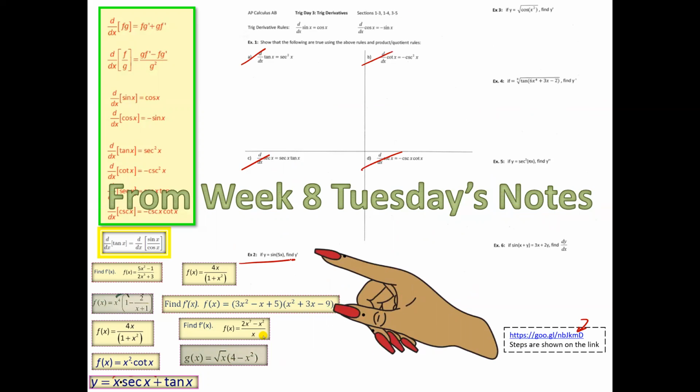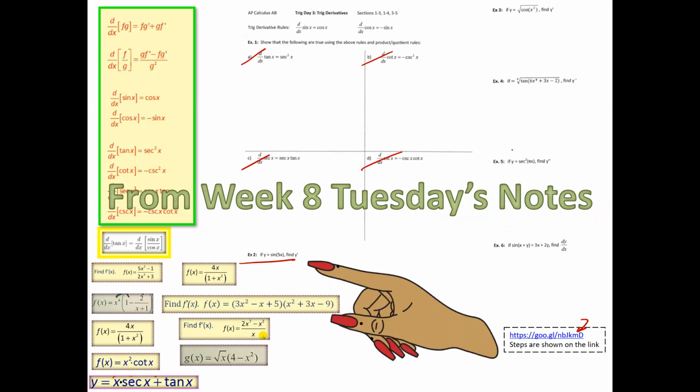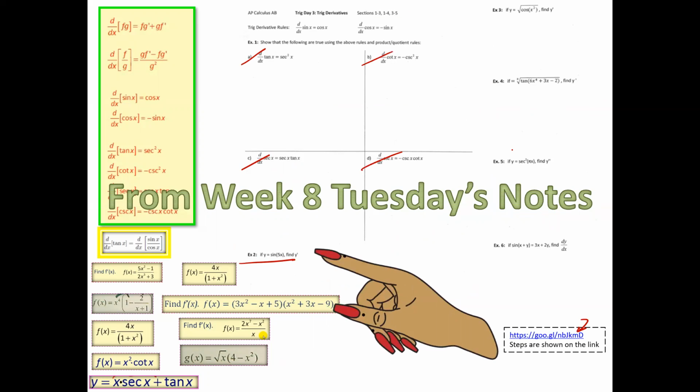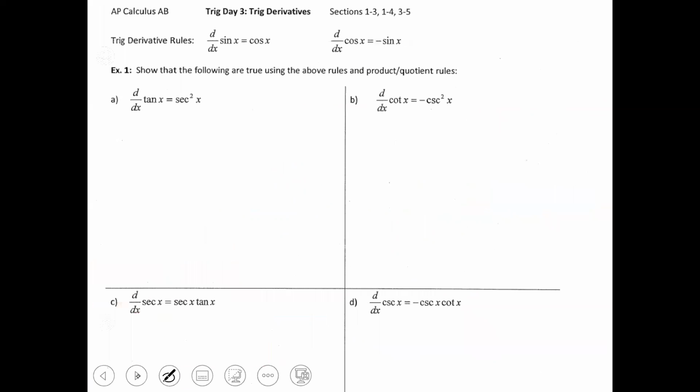I also asked you guys to give example 2, 3, 4, 5, and 6 a try because it does kind of go over some of the stuff involving the chain rule. So I would like to take a little bit of time to go over some of them, if that's okay. Okay, so let's go ahead and take a look at example 2.